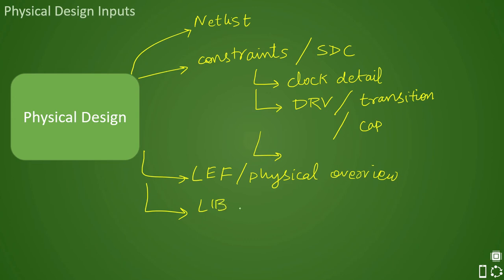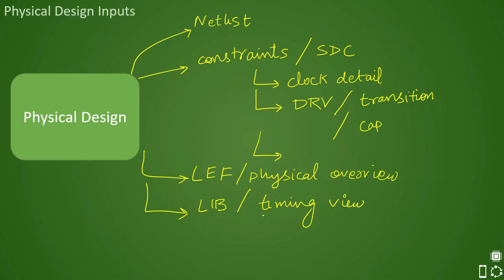Then one is the lib file that is given as the input to the PD. So PD will use this lib as a timing library. The LEF is the physical overview. This is a logical overview, or you can say the timing view. So timing view means it will have information about what are the delays present at the input of the standard cell, and if that delay is there, what will be the output delay.